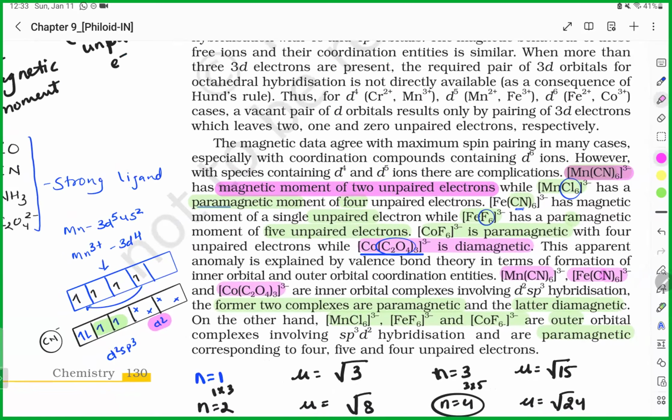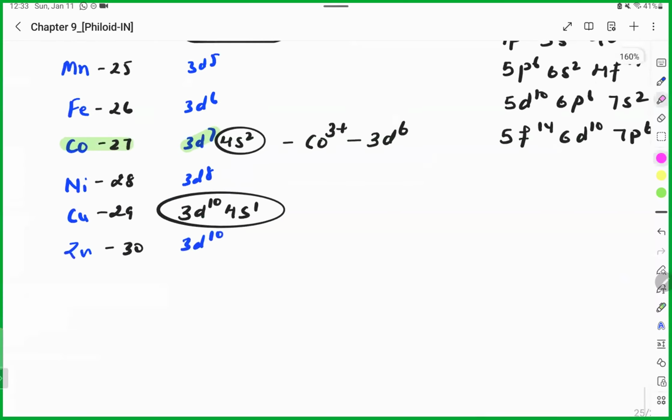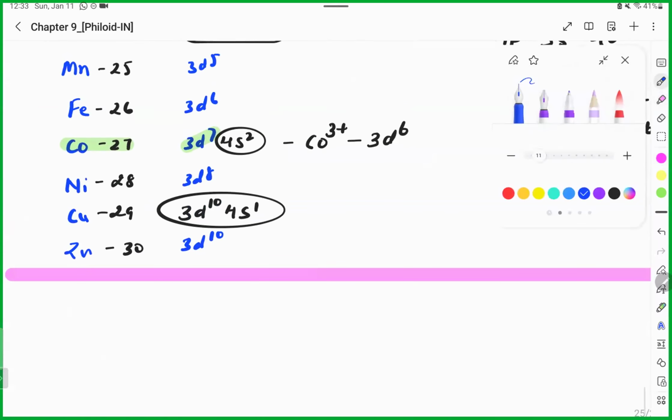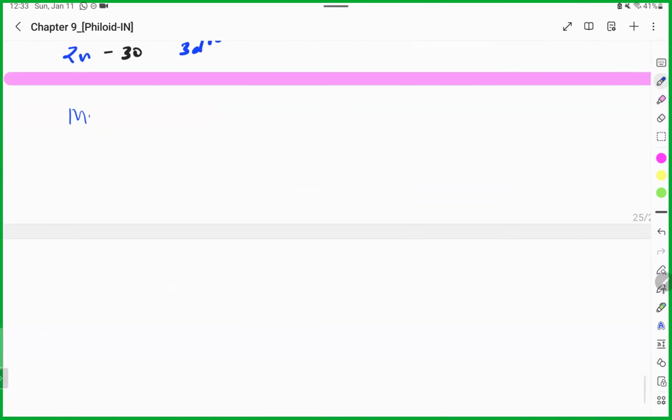Got it, guys? Any doubt? No, sir. Even in the notes I will write it separately, so we don't make a mistake or forget this special molecule, MnCN6. In this case, what will happen?